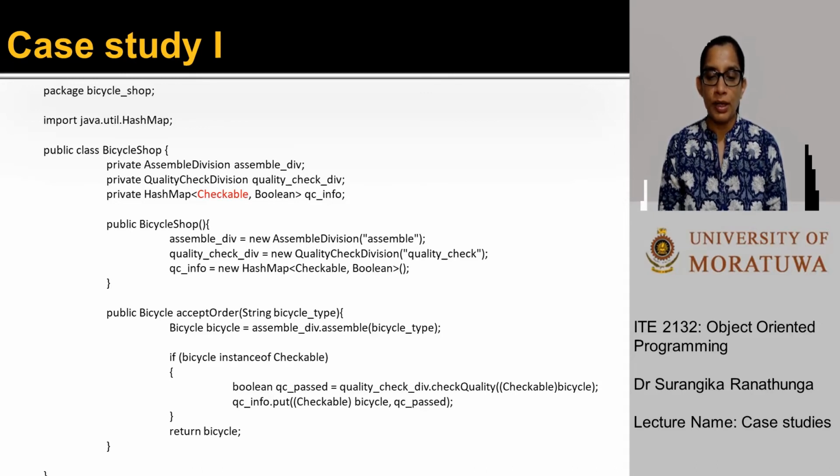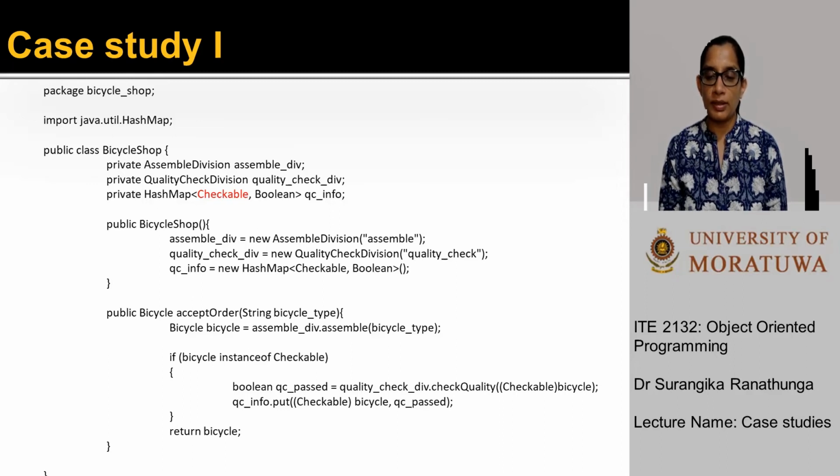Now this bicycle object that we created, we pass to the check quality method of the quality check division. Here what we get is an object of type Bicycle. The bicycle is defined as a Bicycle object, although what it references can be a kids bicycle or a motorbike.